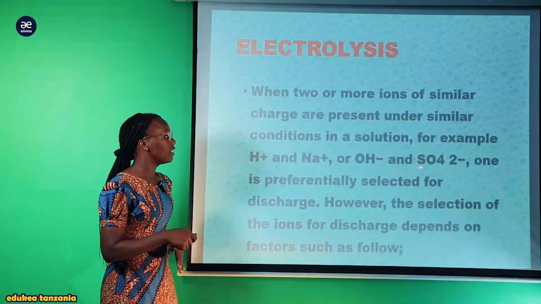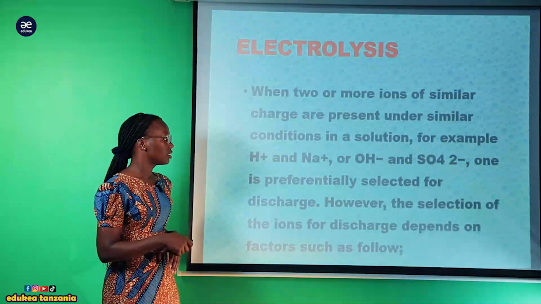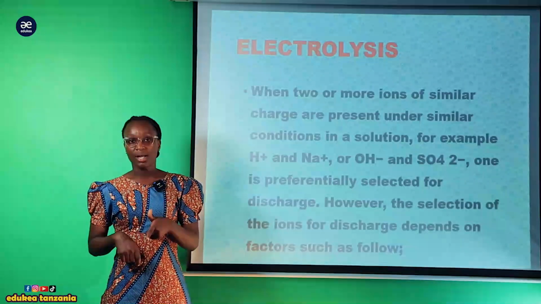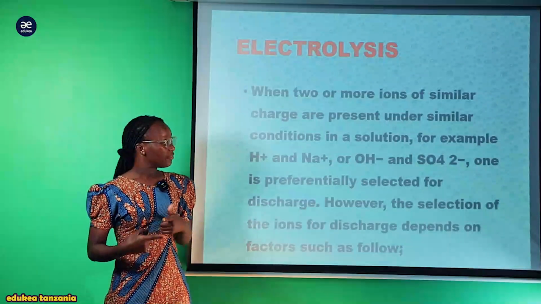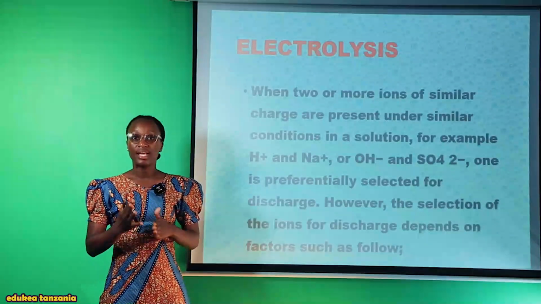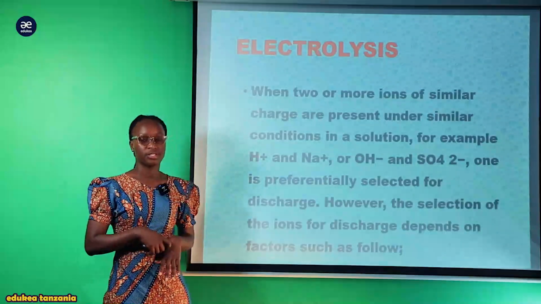Now OH and sulfate ions: OH ametoka kwenye water, lakini sulfate ions ambayo ni negative charged ion ametoka kwenye solution ya electrolyte ambayo ilikuwa sodium sulfate.